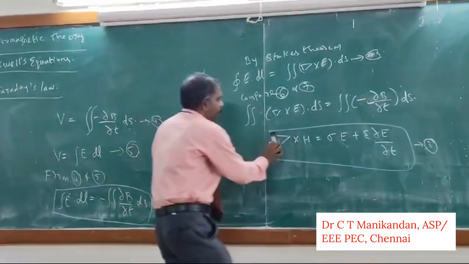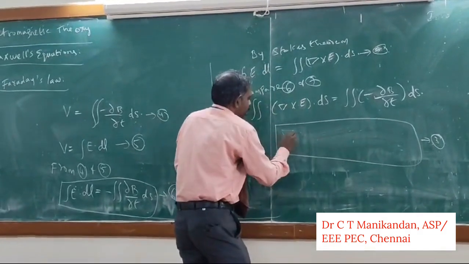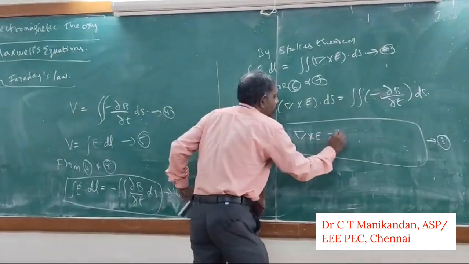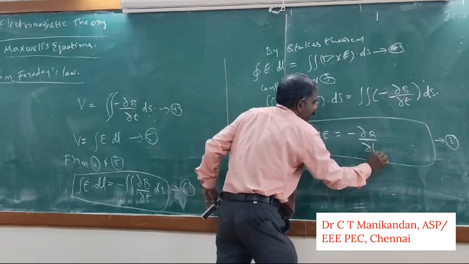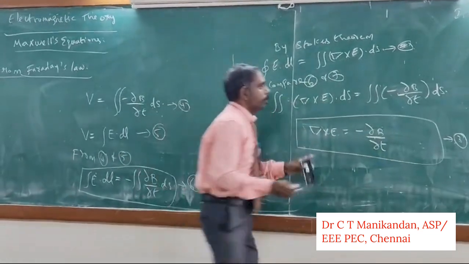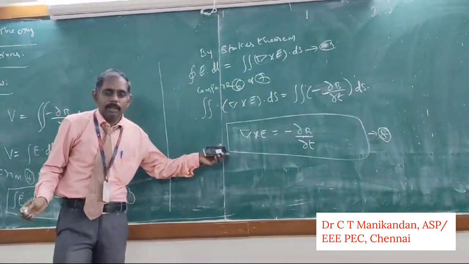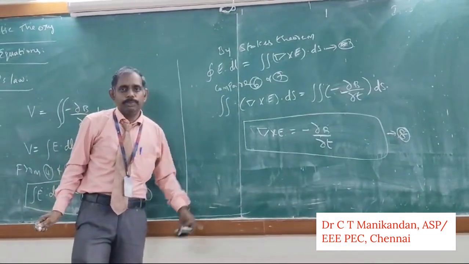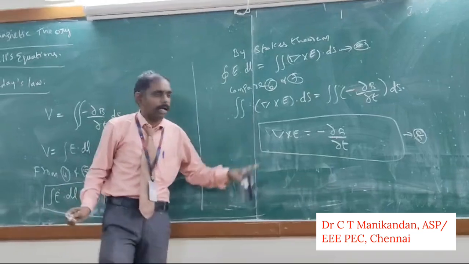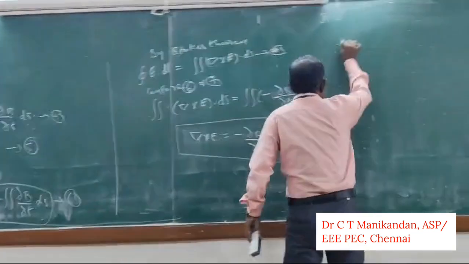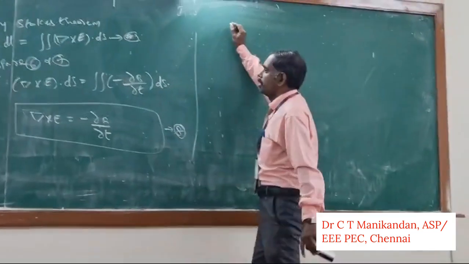From that, what you can obtain is del cross E equals minus dou B by dou t. We represent this as equation 8, which is called Maxwell's equation 2 in differential or point form.